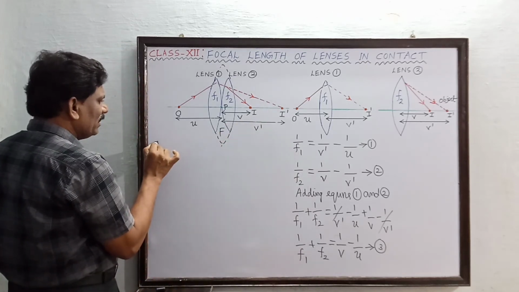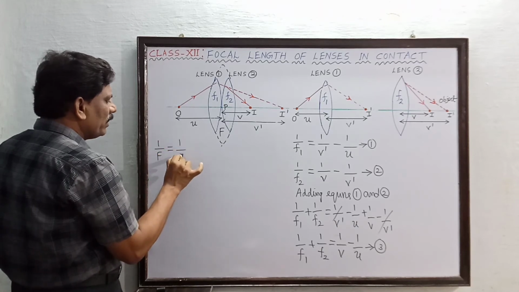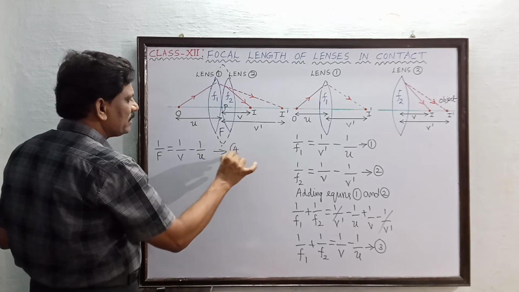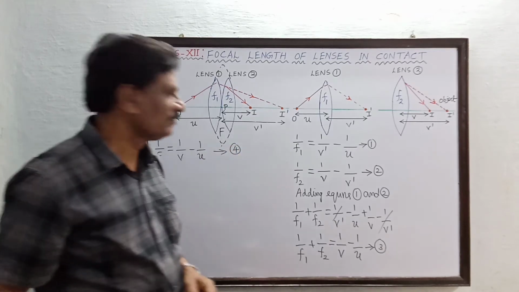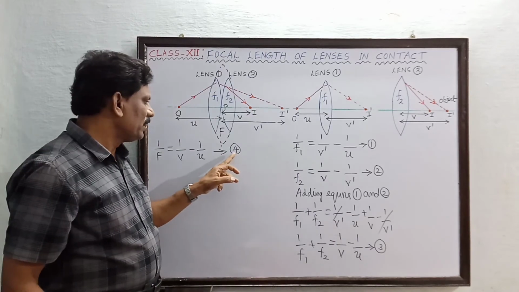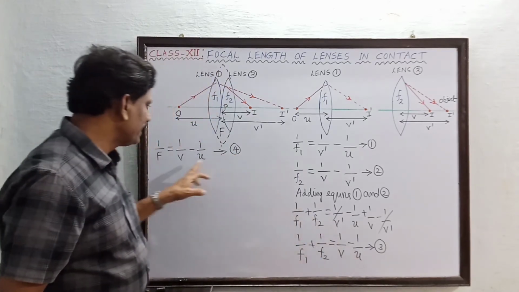Then 1 by f must be equal to 1 by v minus 1 by u, and this is equation 4. Already equation 3 we have written, and the fourth equation also has the same terms on the right hand side.